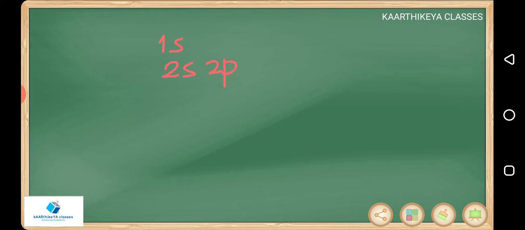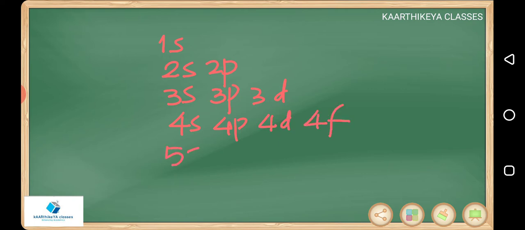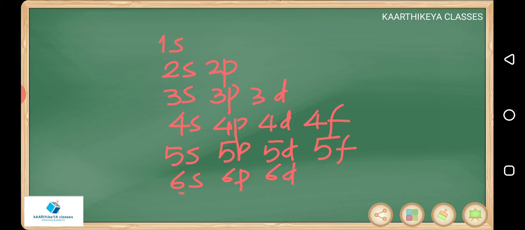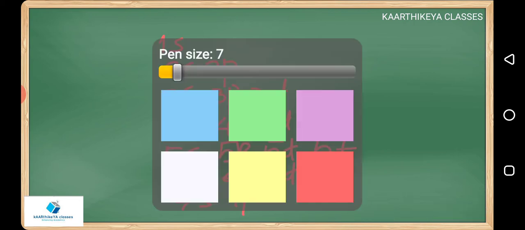2s, 2p, 3s, 3p, 3d, 4s, 4p, 4d, 4f, 5s, 5p, 5d, 5f, 6s, 6p, 6d, 7s, 7p. These are the available orbitals till now. You take a scale and draw some lines.